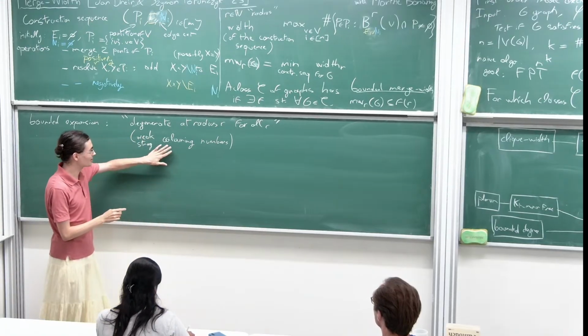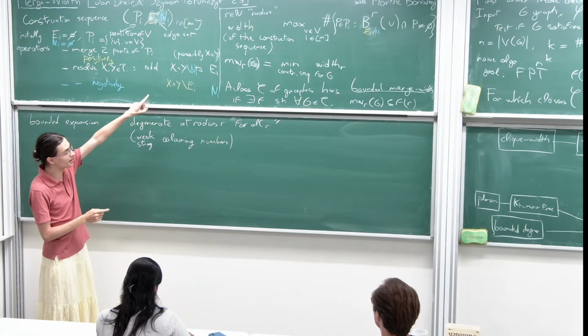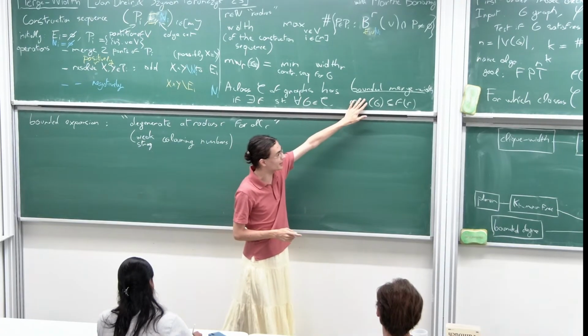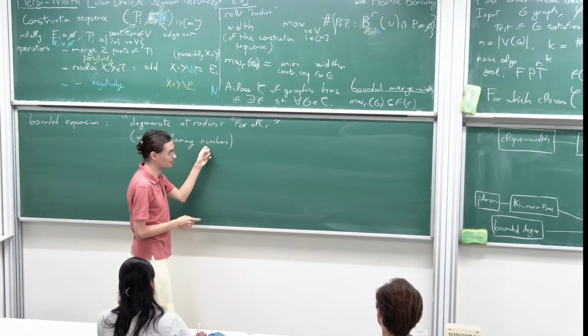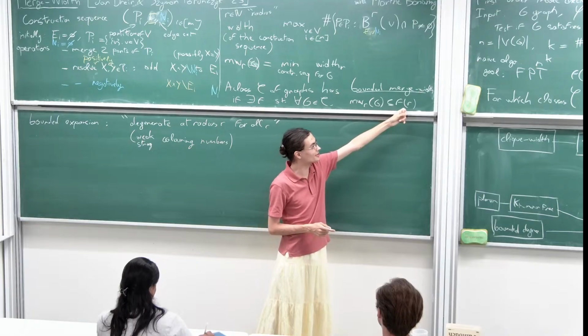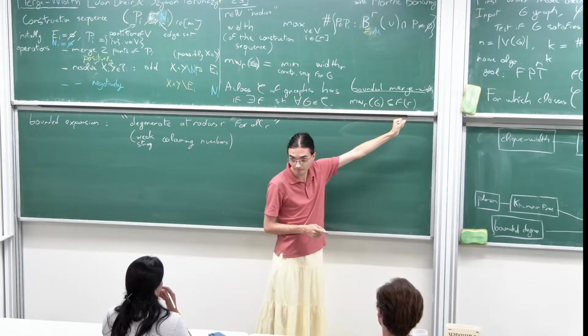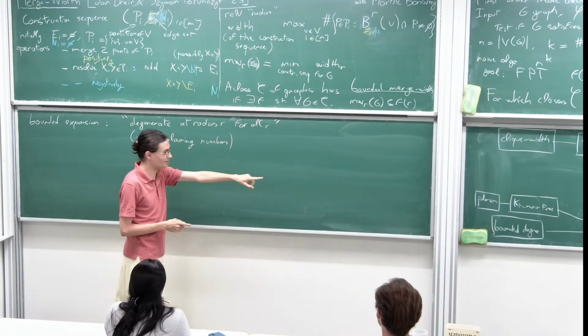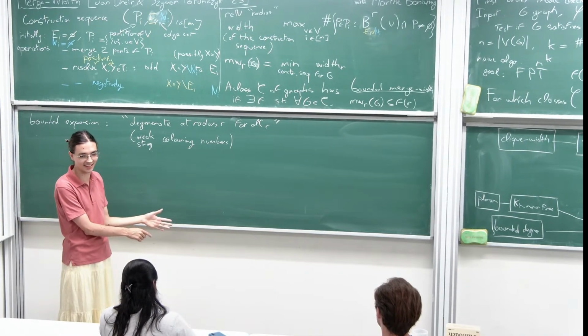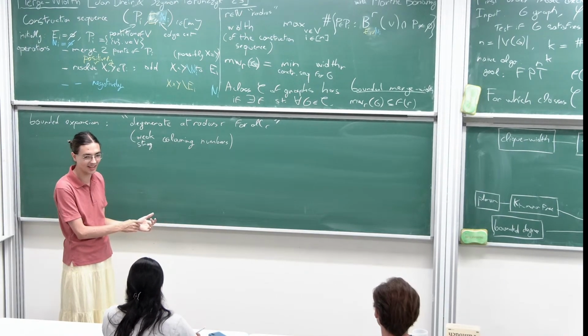So just like merge width, these are things which are parameterized by a radius. And then you want the same kind of condition as here. It's this at radius r will give you some number, and you want that it is bounded by some function of the radius. So why does bounded expansion imply merge width? Well, you take the proof for degeneracy and you do it for radius r.